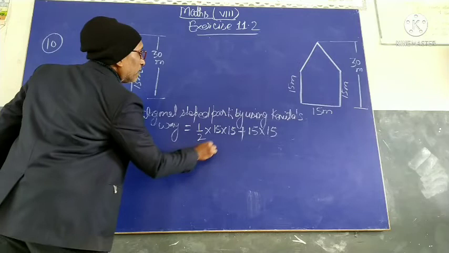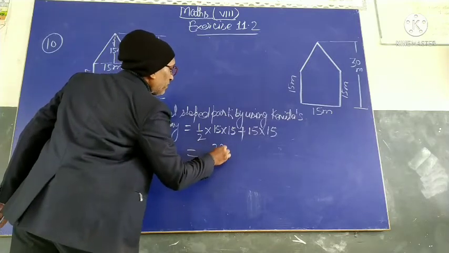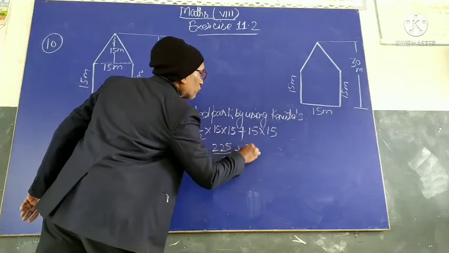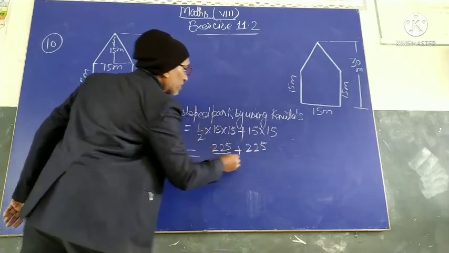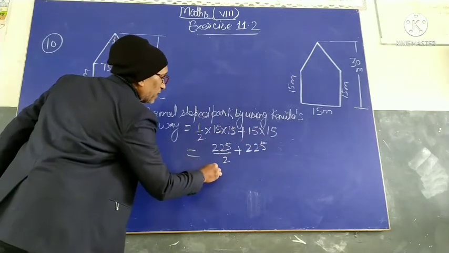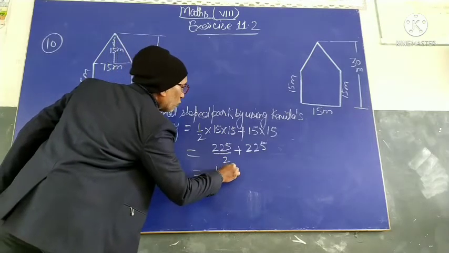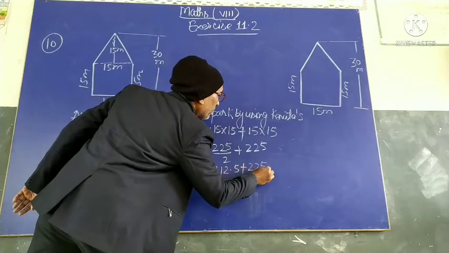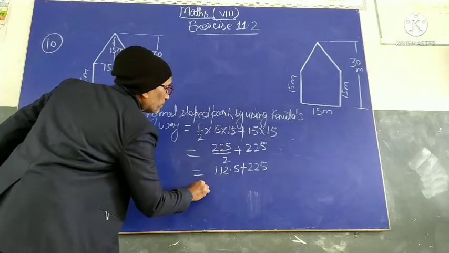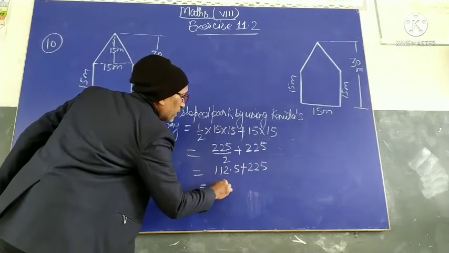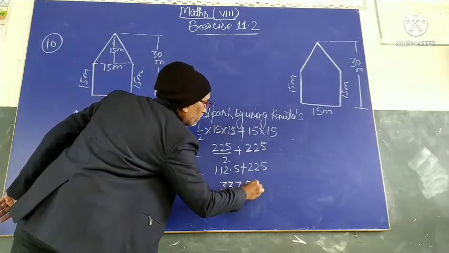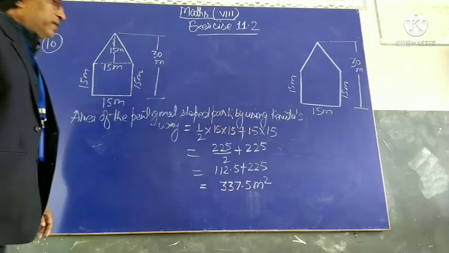You get 225 upon 2 plus 225. When you divide it, you get 112.5 plus 225, that is equal to 337.5 meter square.